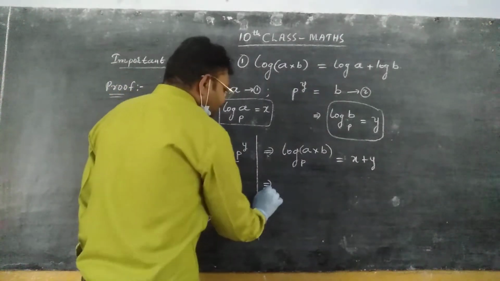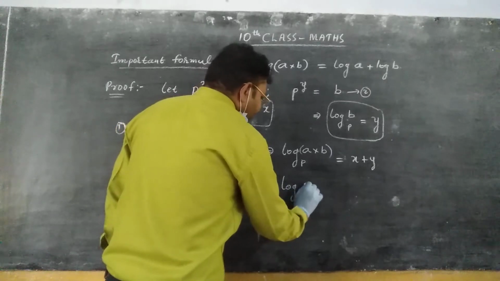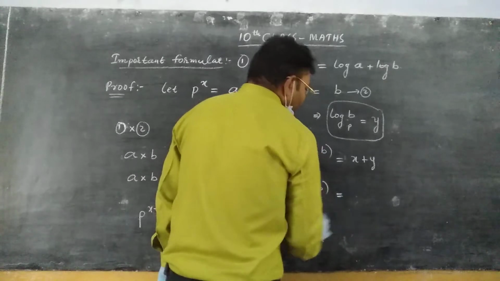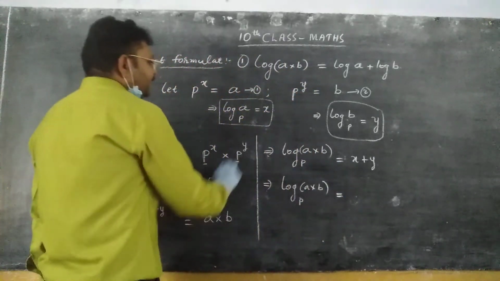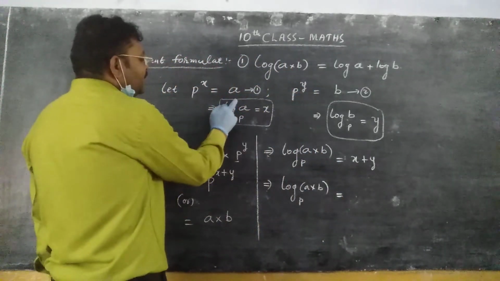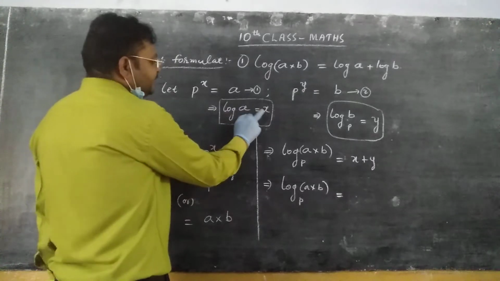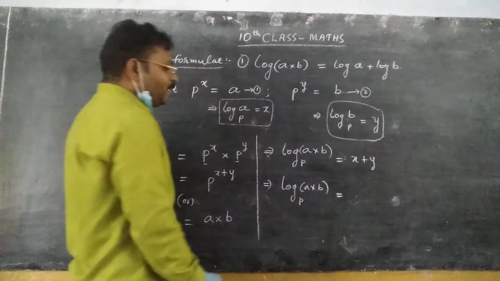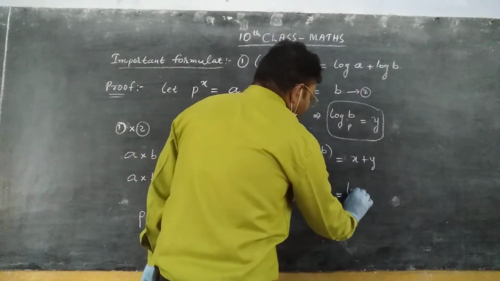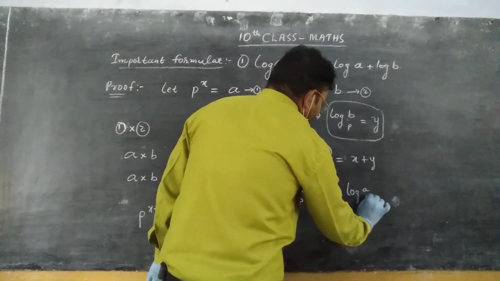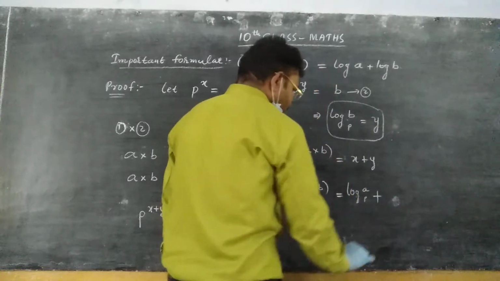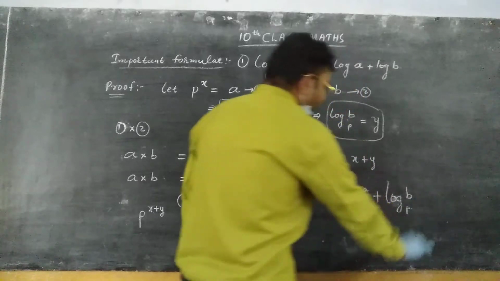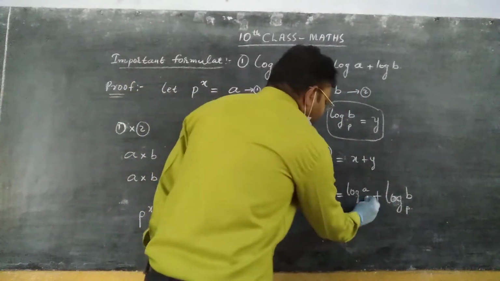Now we write log a into b base p is equal to, what is x actually? x means log a base p. So in that place I am writing log a base p plus y, which means log b base p.